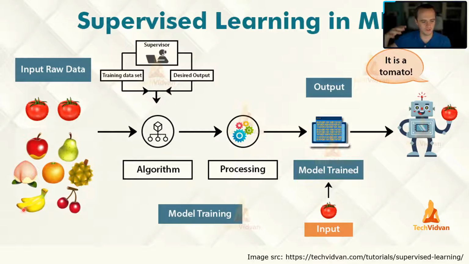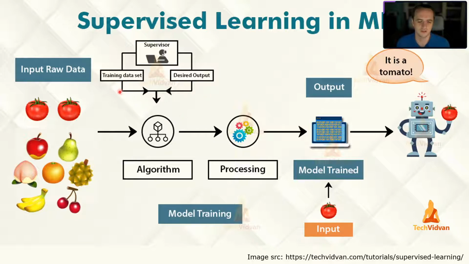The supervisor would look at the training set data and assign a desired output to each of the inputs, right? So the supervisor would see this and say, okay, that's a tomato. I eventually want my machine learning algorithm to identify that as a tomato. This is a pear. I would like it to identify that as a pear.